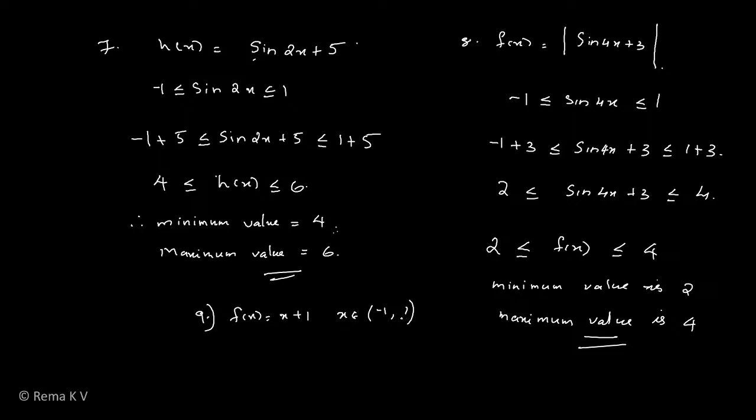See, here it is given that x belongs to minus 1, 1, which we can write as minus 1 is less than x less than 1. So if we add 1 here, because x plus 1 is the function given, minus 1 plus 1 gives 0 less than x plus 1 less than 2. That is, 0 less than f of x less than 2.